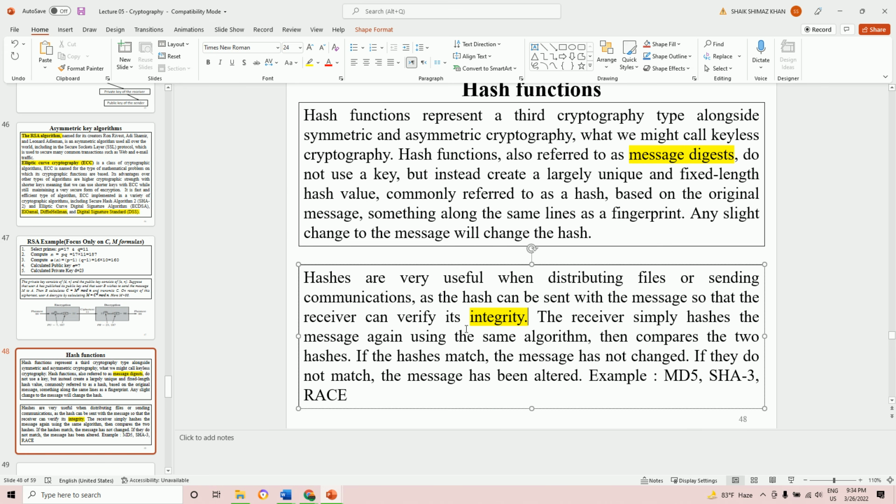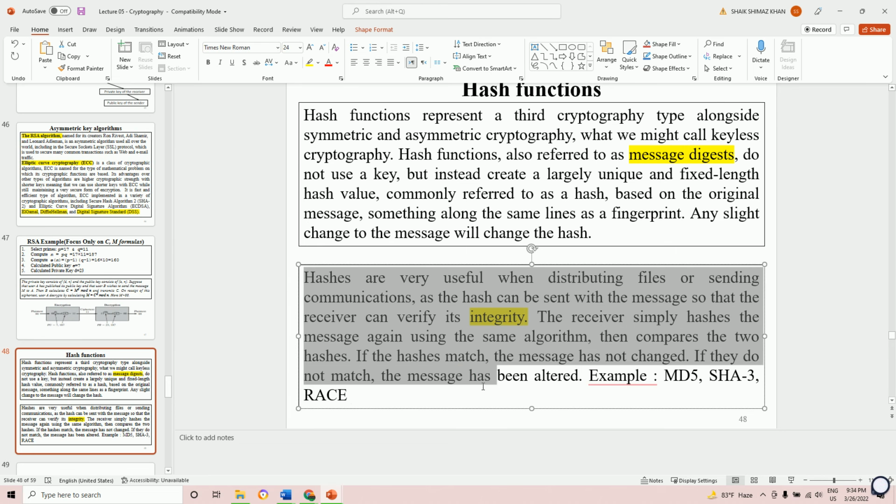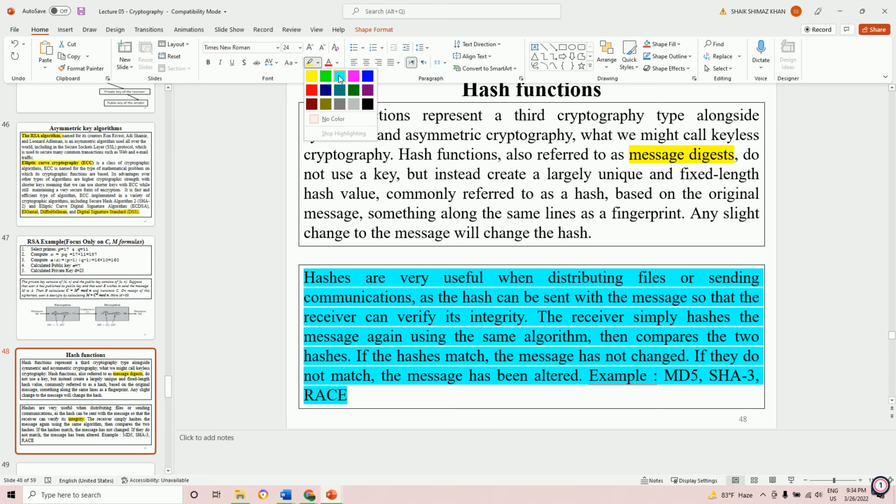So students, hashes are very useful when distributing files. Whatever I explained is given as a descriptive one: hashes are very useful when distributing files or sending communication. The hash can be sent with a message so that the receiver can verify its integrity.